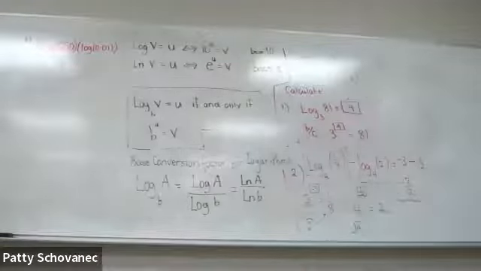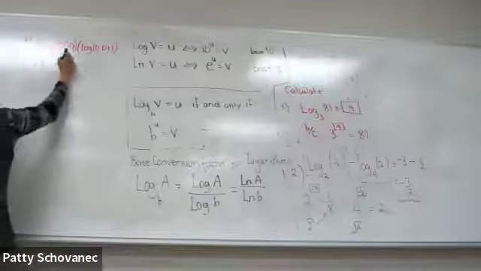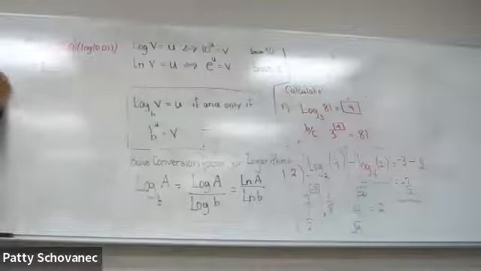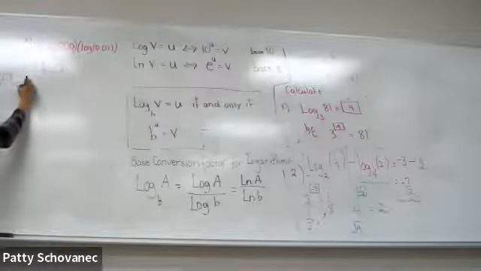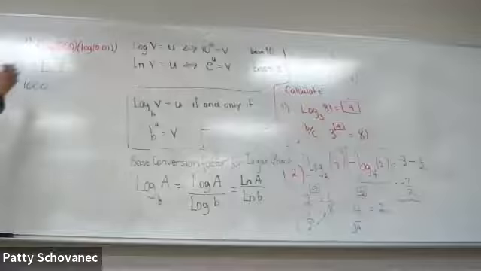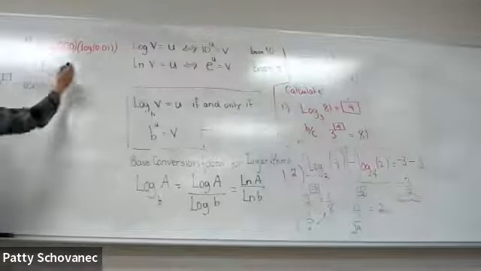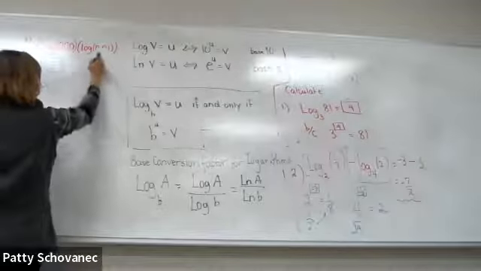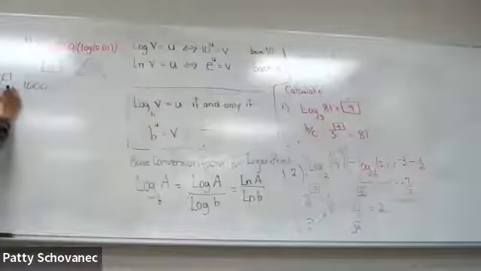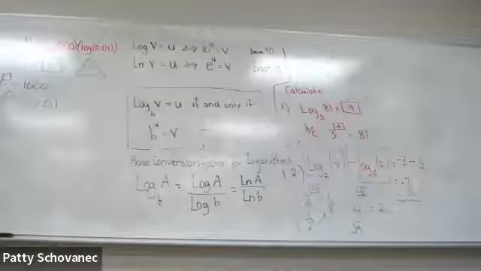So this first one is asking for a power that goes on 10 to give me 1,000. What power is that? That is 3. 10 cubed is 1,000. The second number is asking for a power that goes on 10 to give us that.